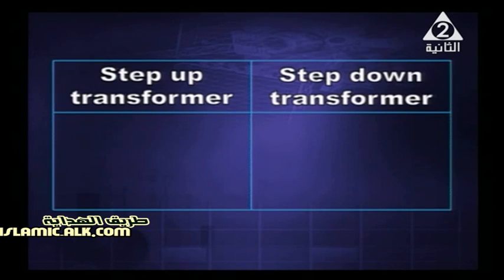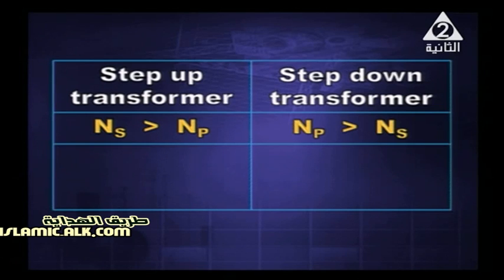And now let's make a comparison between step-up transformer and step-down transformer. First of all, the first point of difference is the number of turns found on primary and secondary coil. The number of turns on the secondary is greater than that on the primary in the step-up transformer.